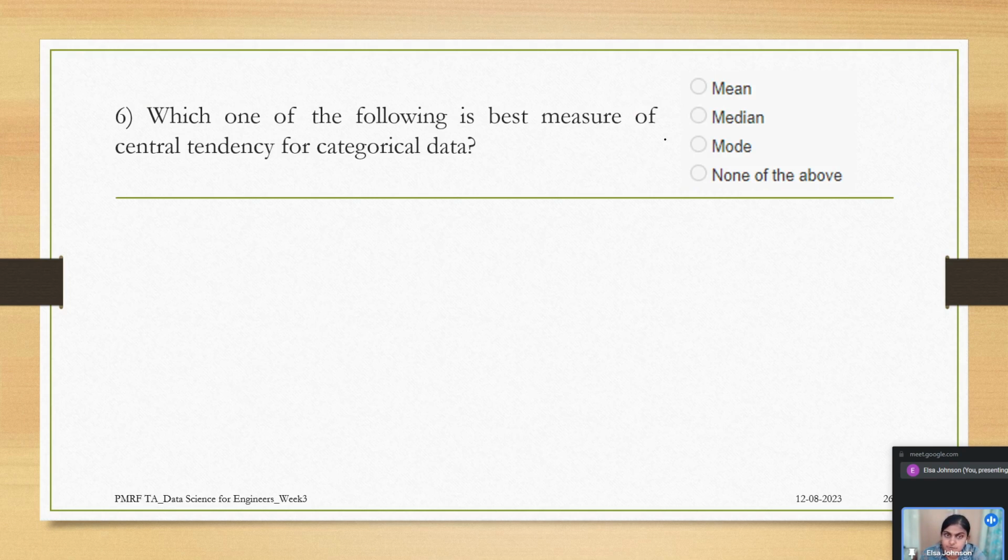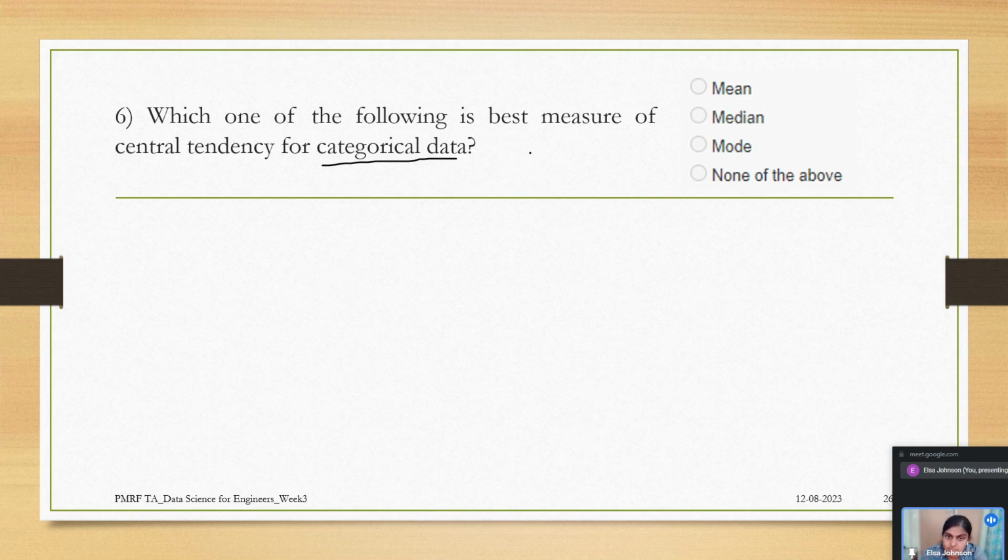Then which one of the following is the best measure for central tendency of categorical data? Categorical data means you have different categories which will be repeating in your data. For example, the iris data set, where there are 3 classes, like Virginica.